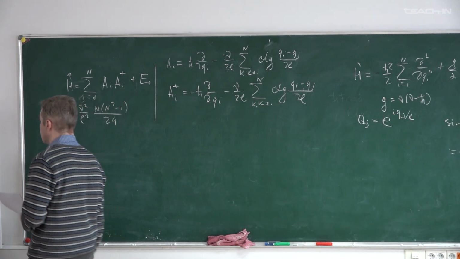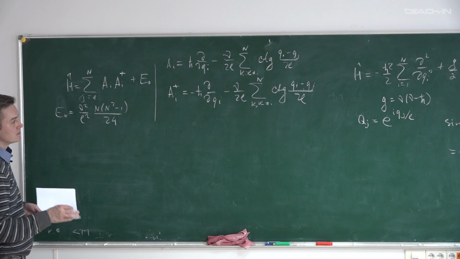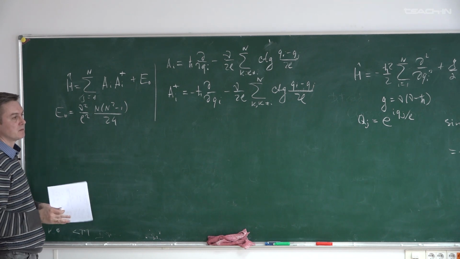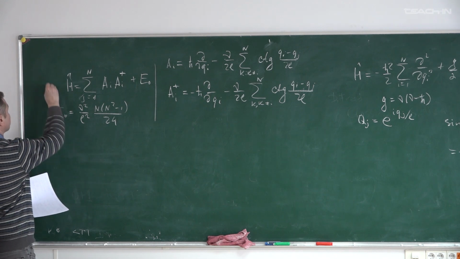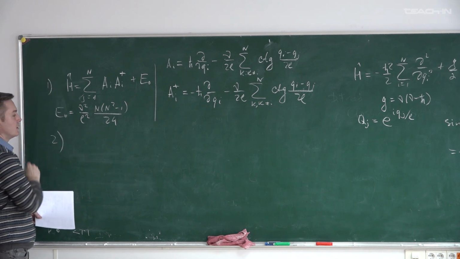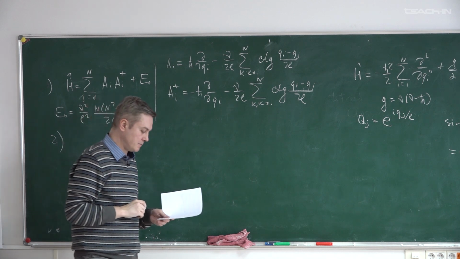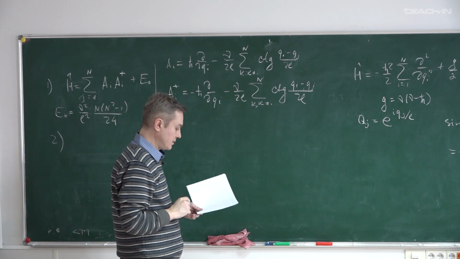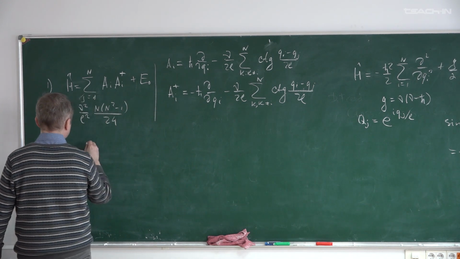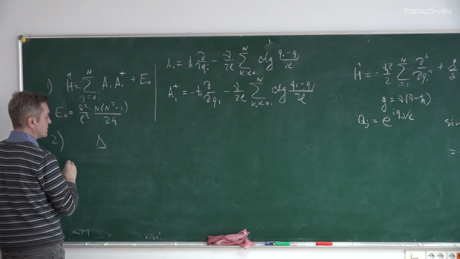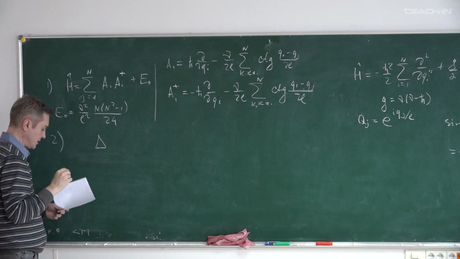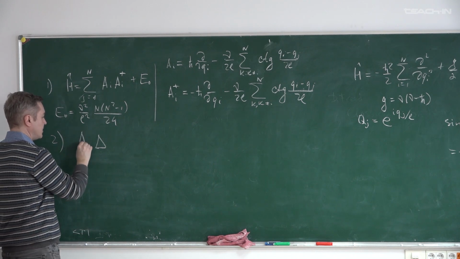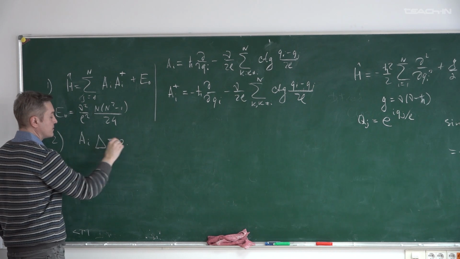Now, this was the first step of our construction. The second step is to define the ground state, which we denoted as delta, and this delta is annihilated by the annihilation operator.